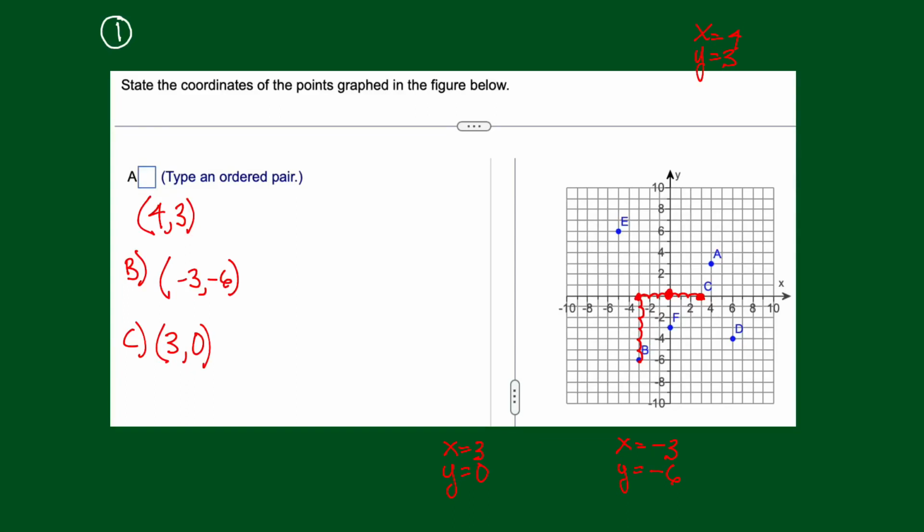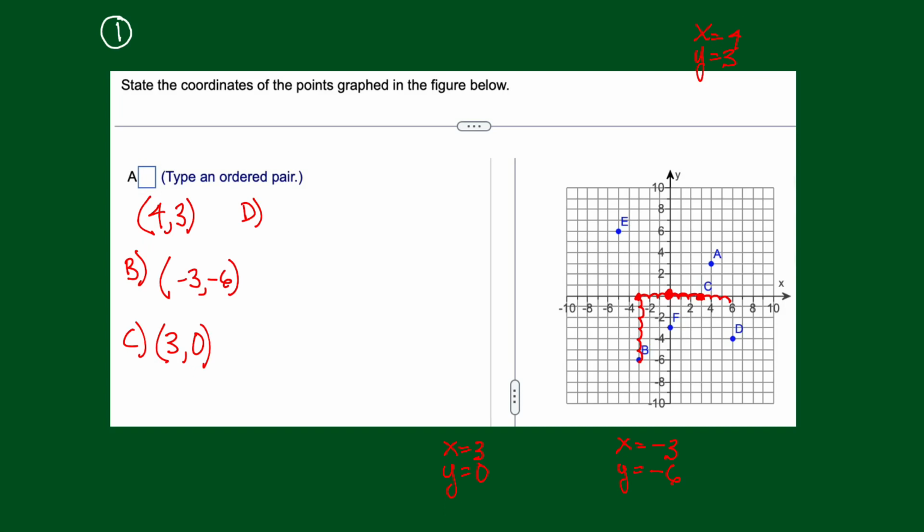And what about D? Where's D? D's over here. So to get to D, we're going to start at the origin. We're going to move to the right, so X will be positive. Then we're going to go down, so Y will be negative. So let's do our count here. So this is D now. I'll start at the origin here, and we're going to go what? 1, 2, 3, 4, 5, 6. So it looks like we're going to go to the right 6.